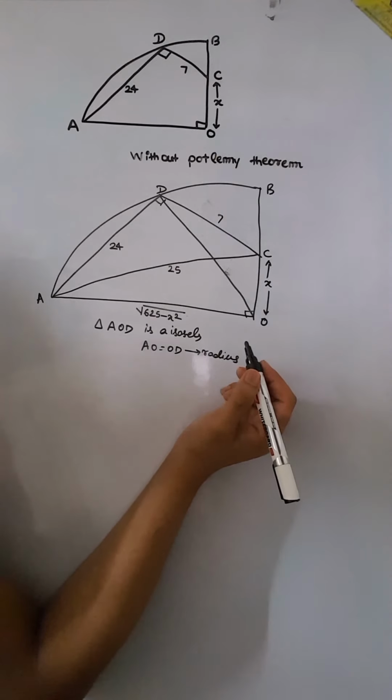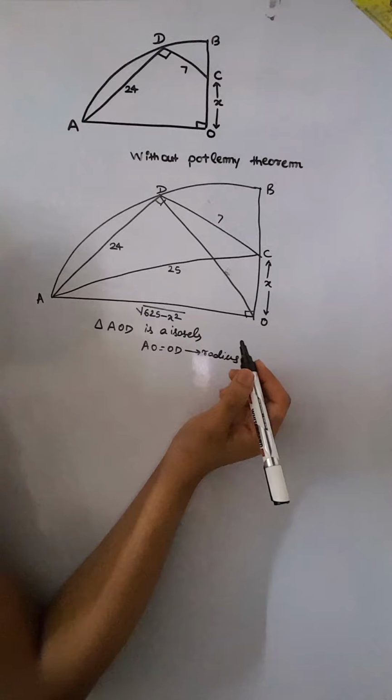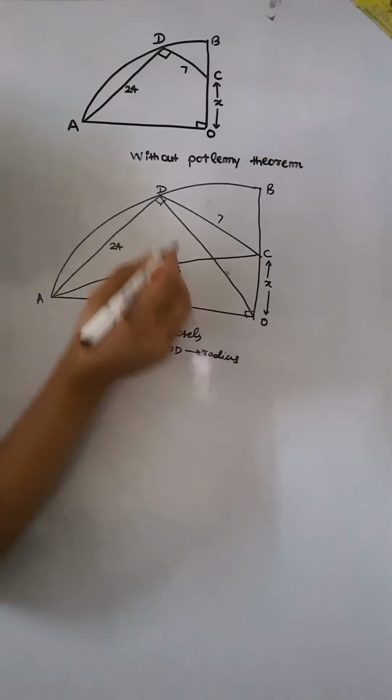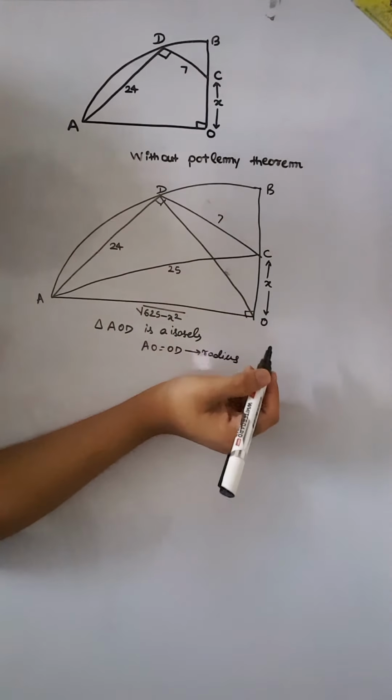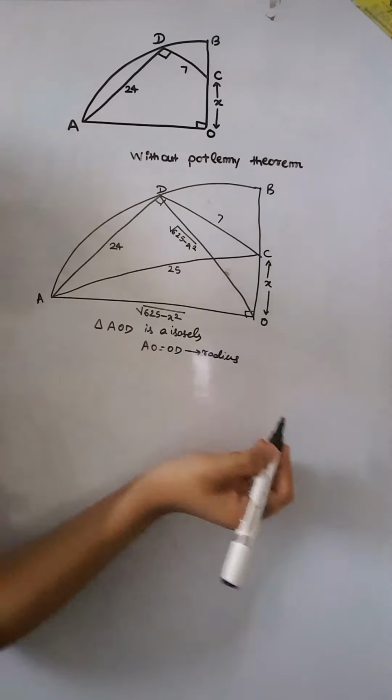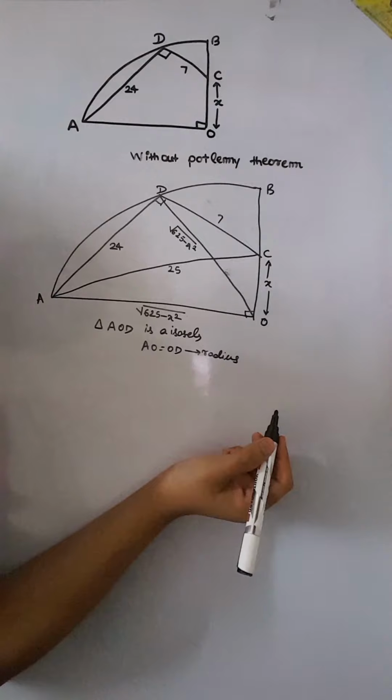Now we need to find the value of x in any way that we can. If this is the square root of 625 minus x squared, the value of DO will also be the square root of 625 minus x squared. Alright, not bad.